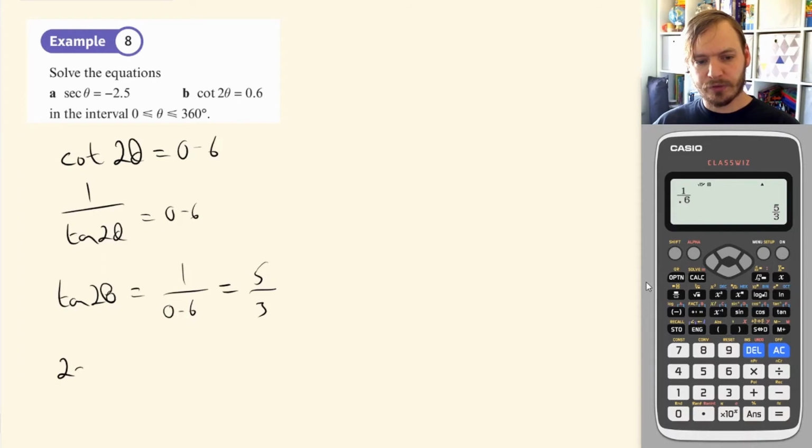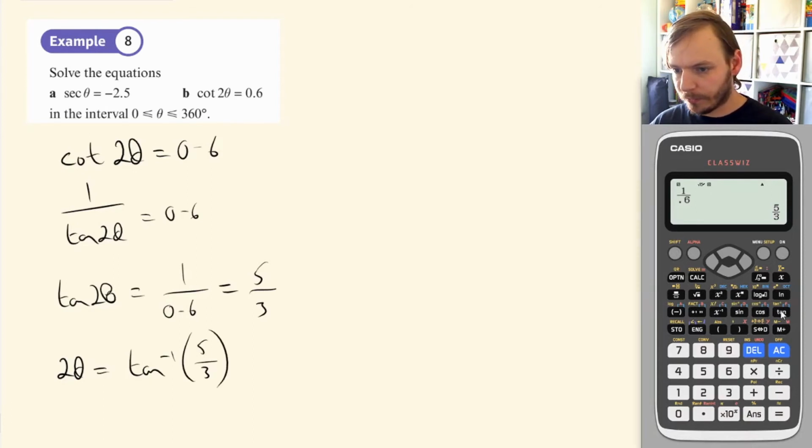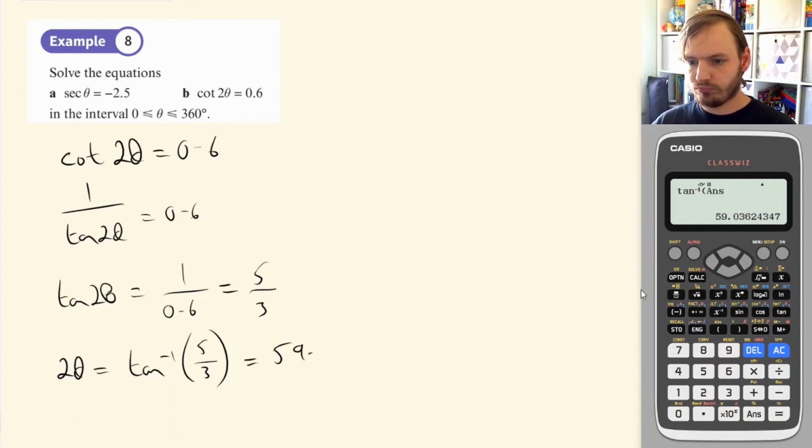And that means that 2 theta is equal to inverse tan of 5/3. So let's just find that out. And it's 59.04 degrees.